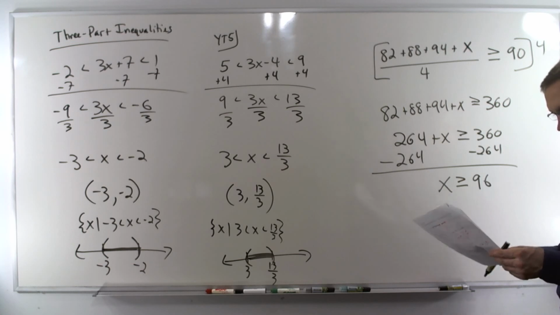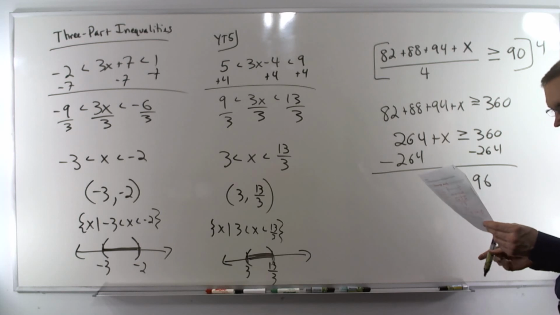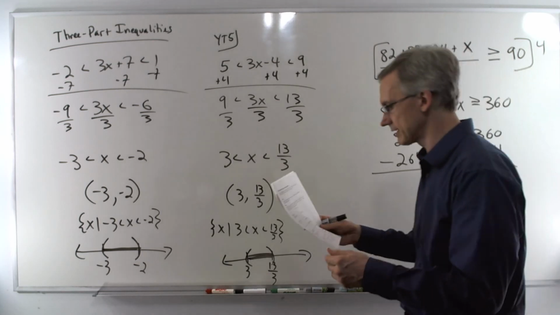Your turn, number 6. A student has scores of 89, 98, 91, and 90 on the first 4 exams in the class. What score does the student need on the 5th exam to average at least a 93?